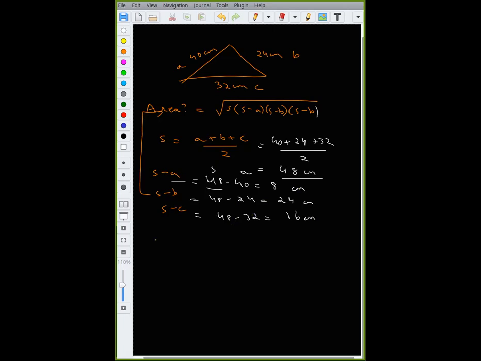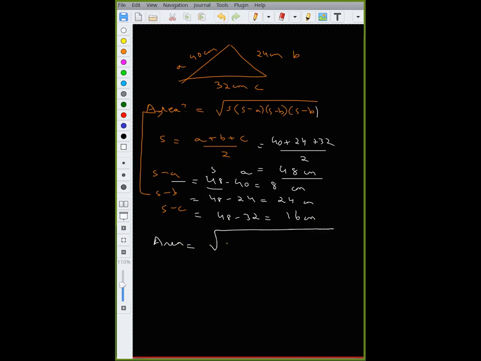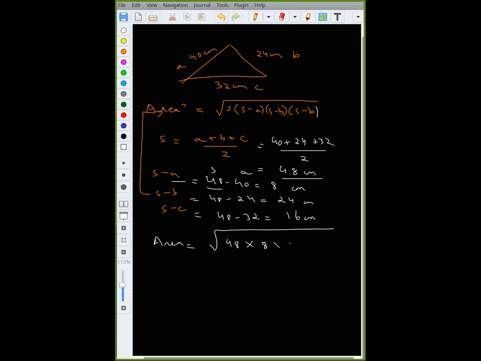Okay. So now we know that the area is nothing but the whole root of S into S minus A into S minus B into S minus C. So that is root of 48 into 8 into 24 into 16. Is this clear so far? Now what we're going to do is convert each of these into a perfect square.